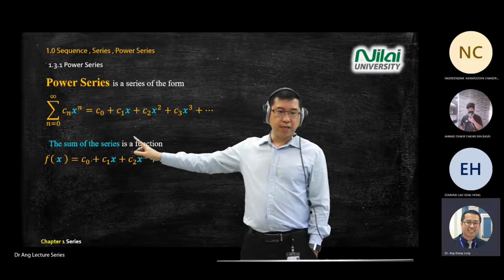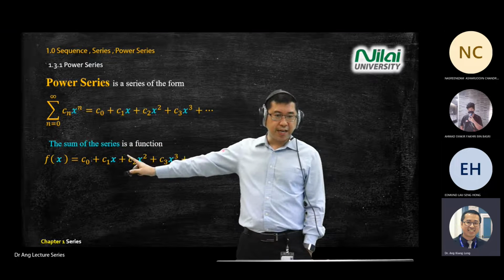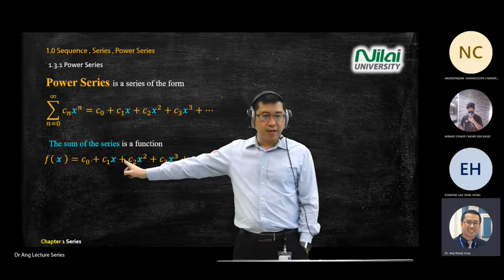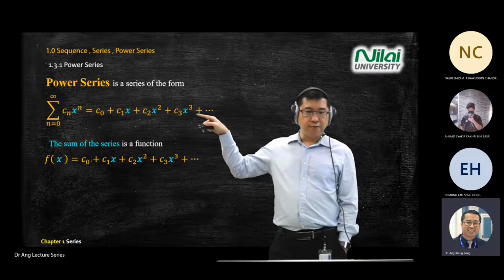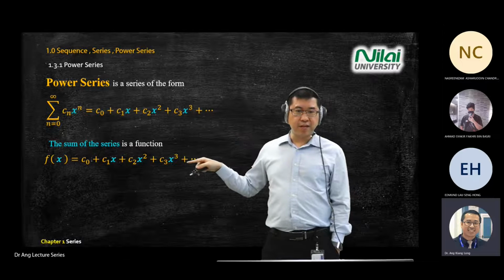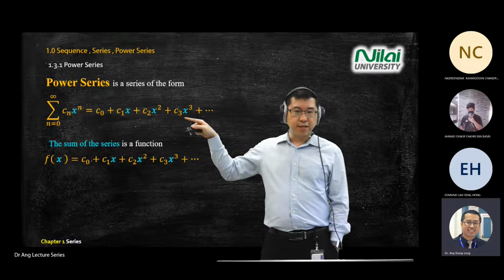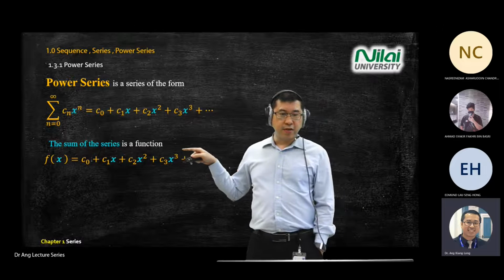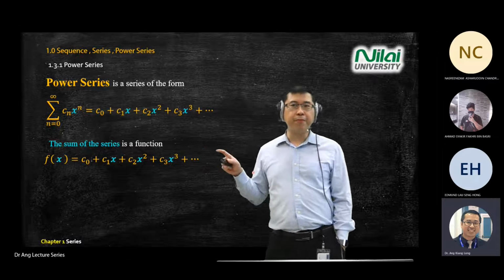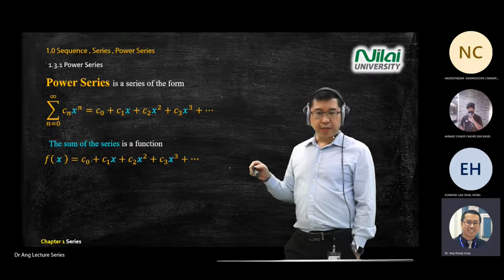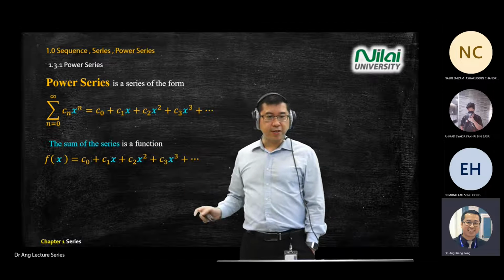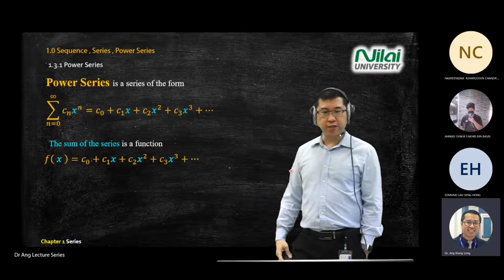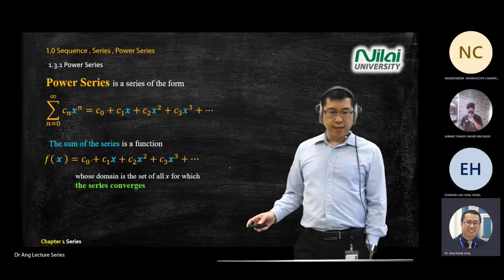Only at the far left there, you see there's f bracket x. So we can write this whole power series as a function. How do you communicate with a mathematician that you mean a function? You use f bracket x to represent that you are writing a function.